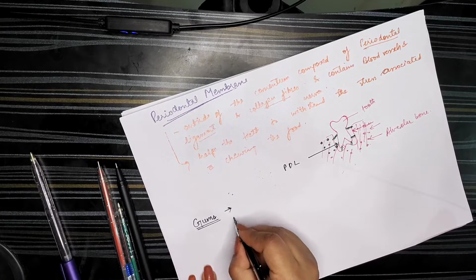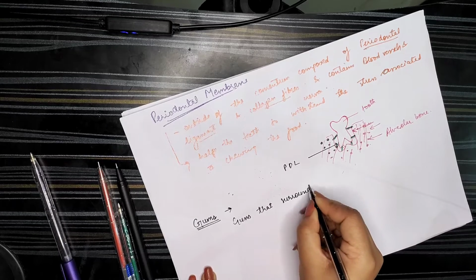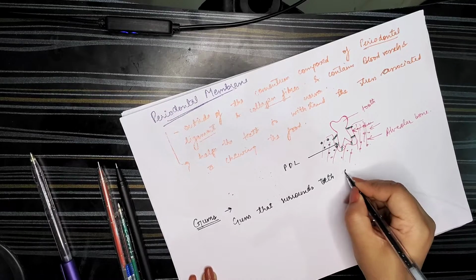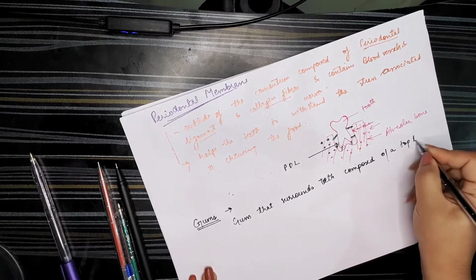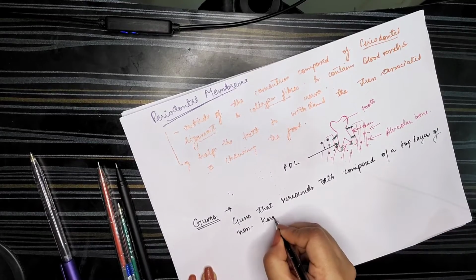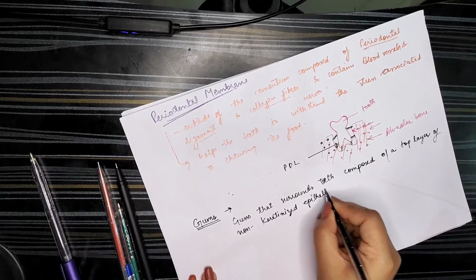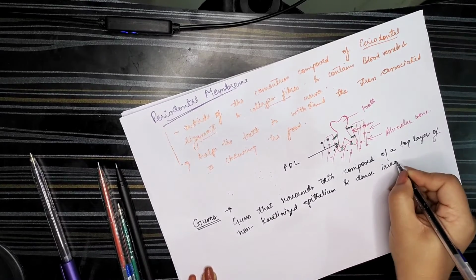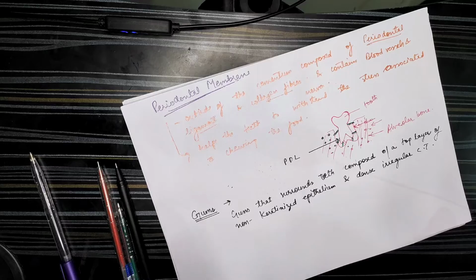Gums surround the teeth and are composed of a top layer of non-keratinized epithelium and dense irregular connective tissue. So gums surround the teeth.